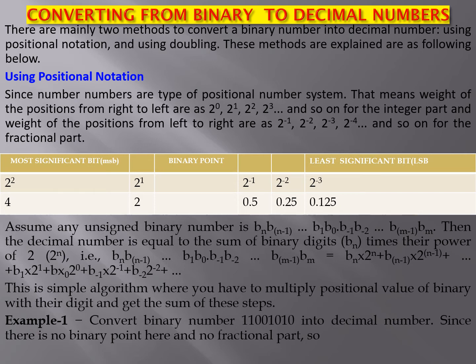This is a simple algorithm where you multiply the positional value of each binary digit by the digit and get the sum of these products.